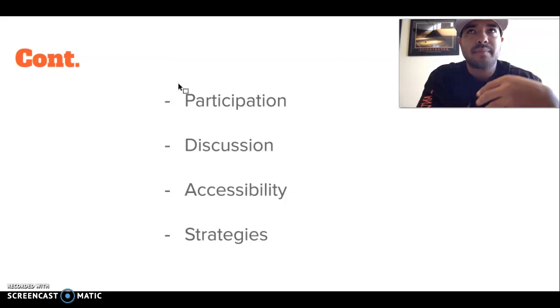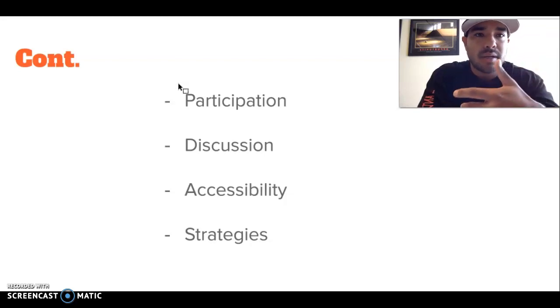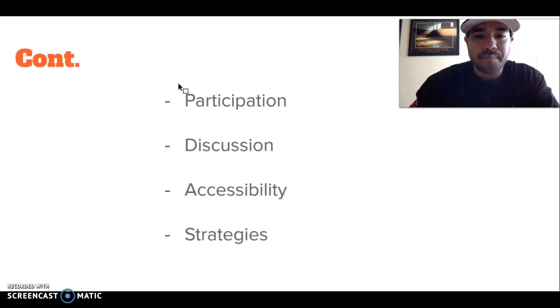You want them to be able to talk in terms of math. And then discussion: through discussions, we learned that students retain and understand so much. However, again, they need to be able to find the meaning of words that are being used, for them to be able to follow along in the discussion.